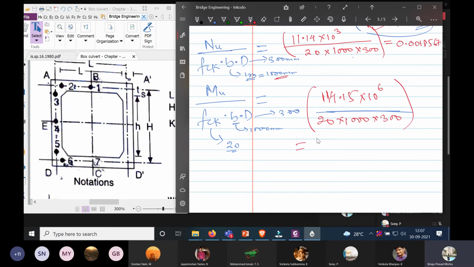Please calculate what is this value, at least.